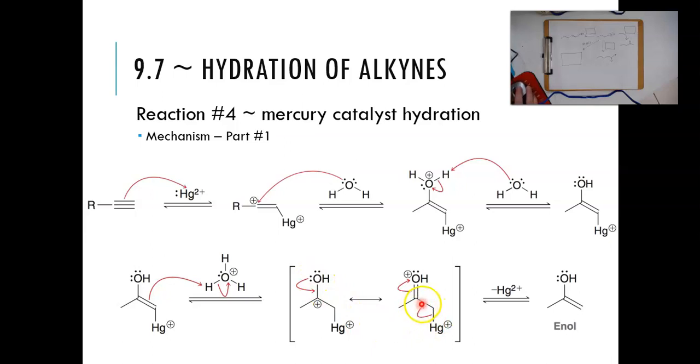So as that mercury leaves, the electrons get transferred to create a double bond, and then these electrons go up onto that oxygen. So notice that we end up kicking off that mercury as a 2+ cation, which is the same as how it started. So that's how we know it was a catalyst, because it leaves in the same form it started. And we've created our enol. So that's the first half of this mechanism.